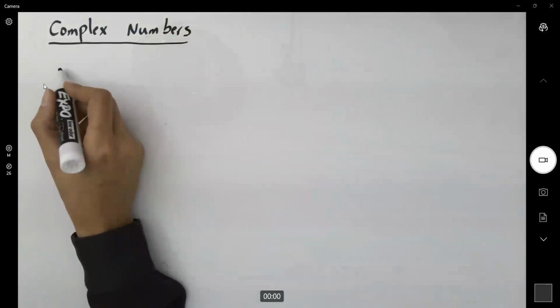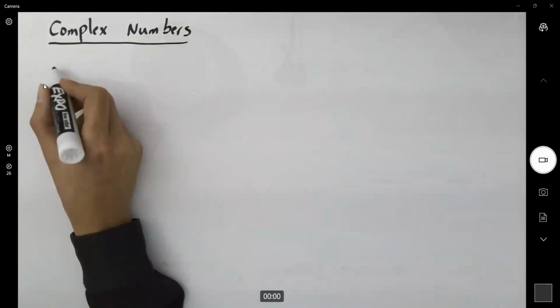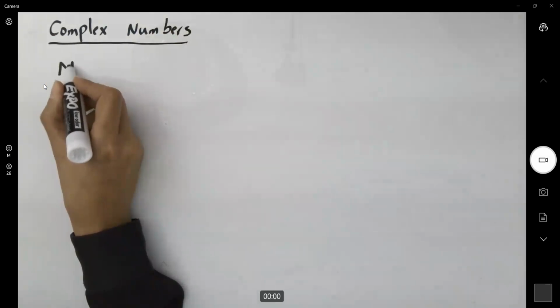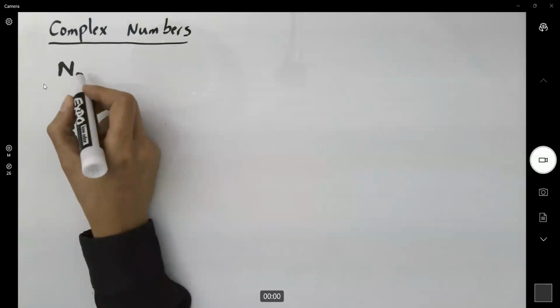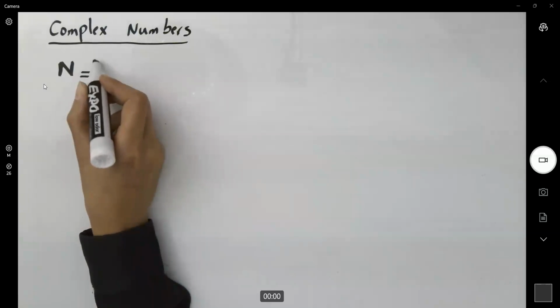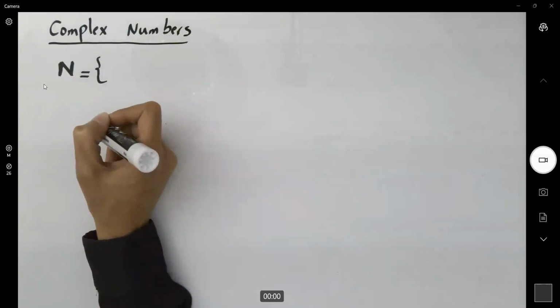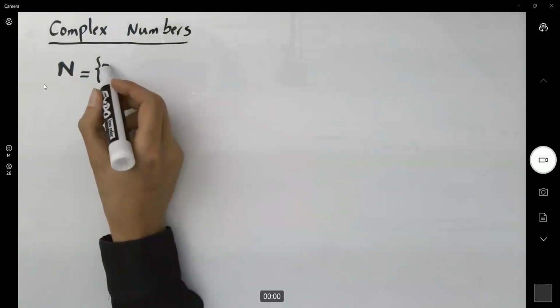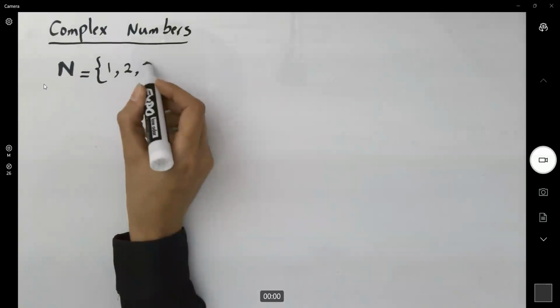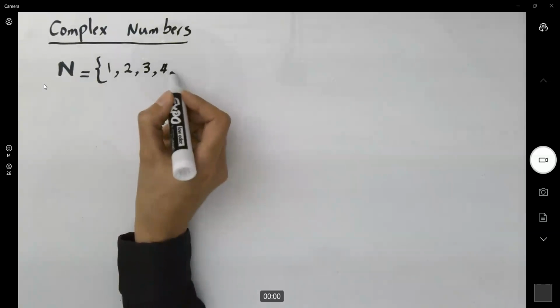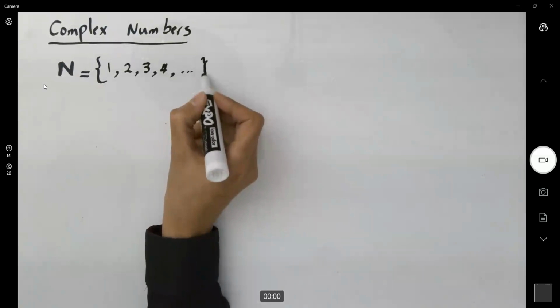We said that we start working with natural numbers denoted by N. Just bold this letter. This is the set of counting numbers starting from 1. So the minimum value is 1. The next number is 2, the next number is 3, 4, and the rest of them.